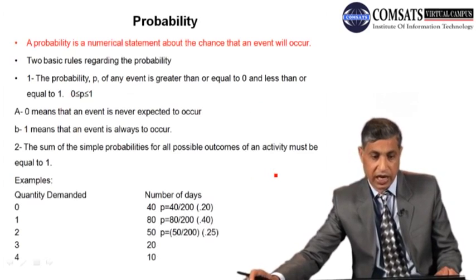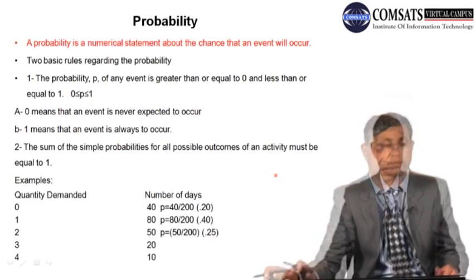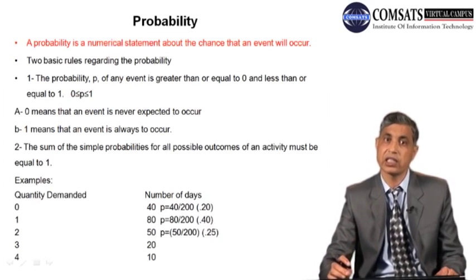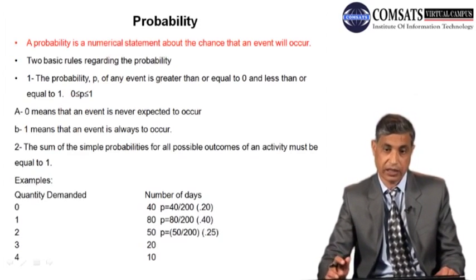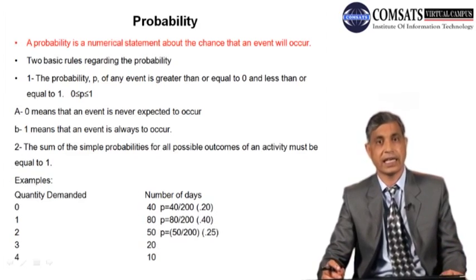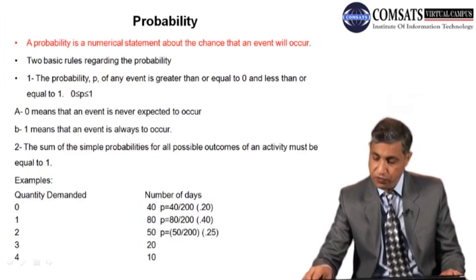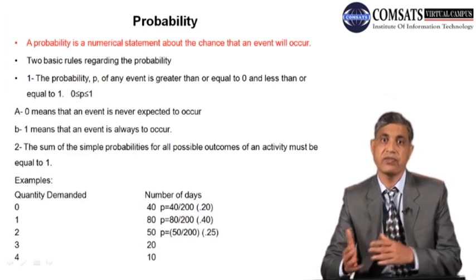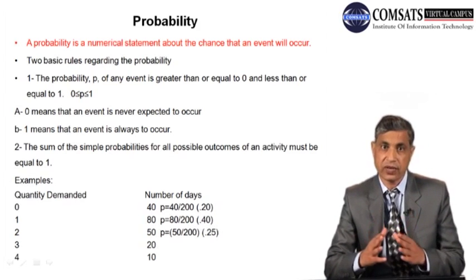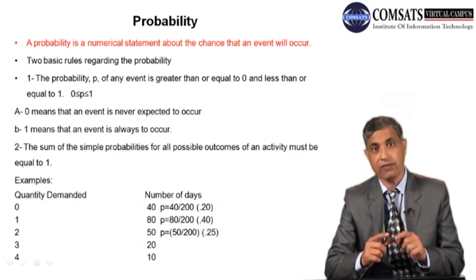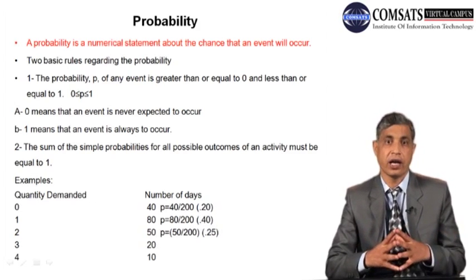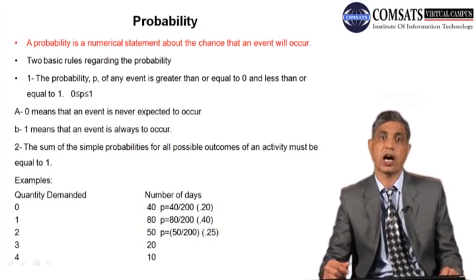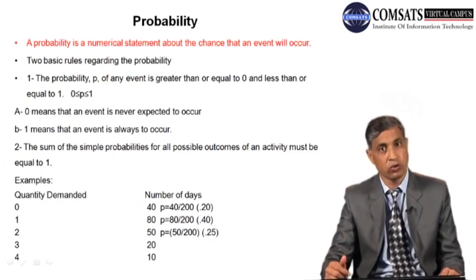The second rule regarding probability is that the sum of the simple probabilities of an event is always equal to 1. I am going to explain a very interesting example here. Before starting, I would like to restate the two rules. The first is that probability always remains between 0 and 1. The second is that the sum of the simple probabilities of the events is always equal to 1.